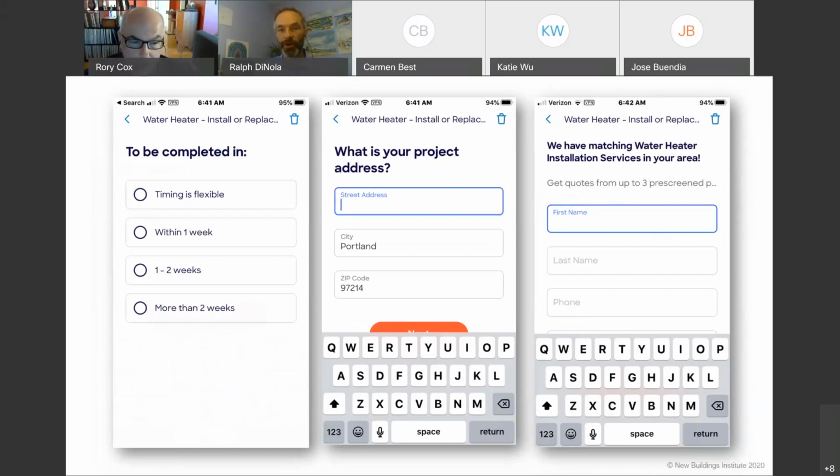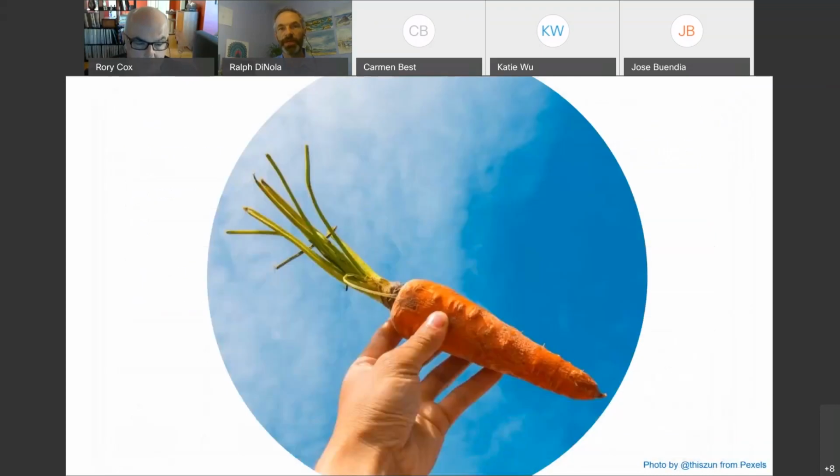Within probably an hour, I could have 3 contractors call me and suggest that they would be available to do my water heater replacement. But again, no indication of incentives here, and perhaps the contractor could let me know that those were available. So it's clear that we could use incentives to help the market as it operates.